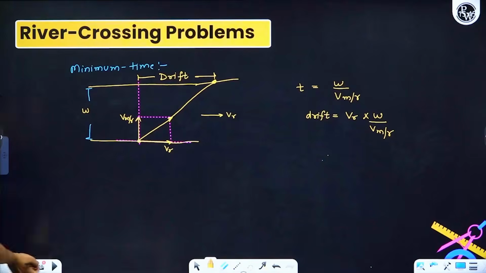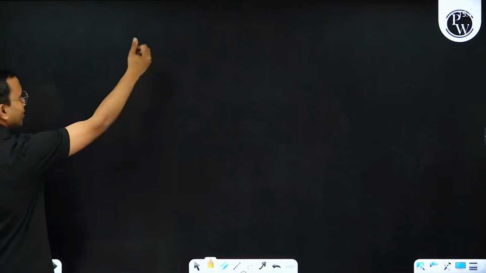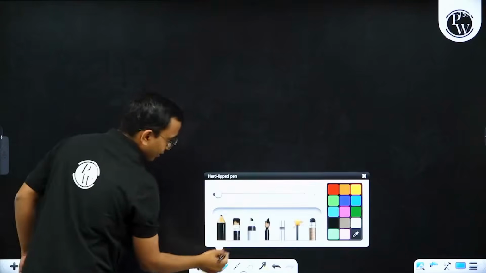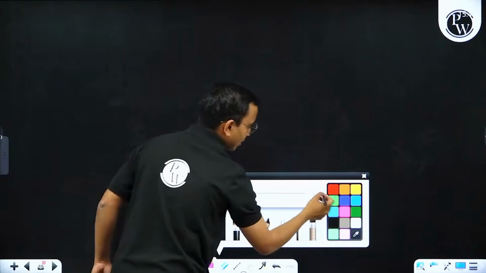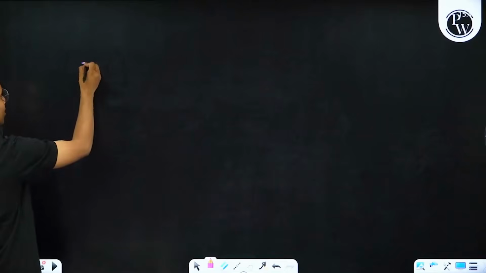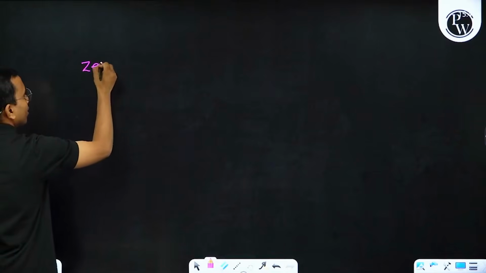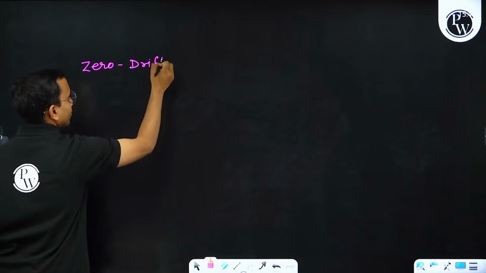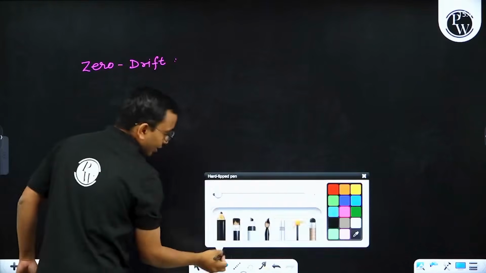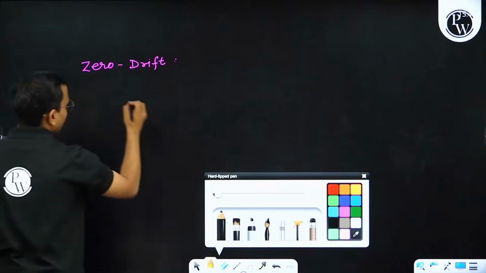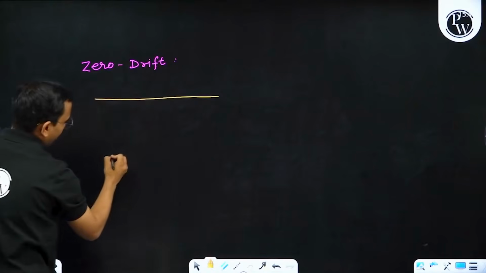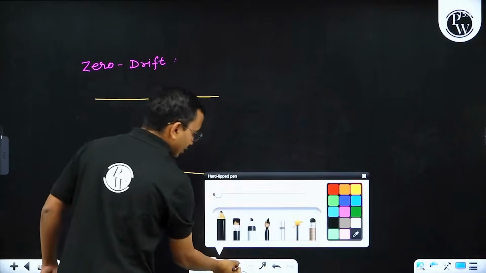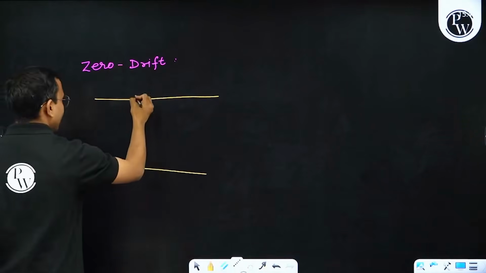Now the next condition is that of zero drift. Zero drift means the person wants to reach just the directly opposite point.